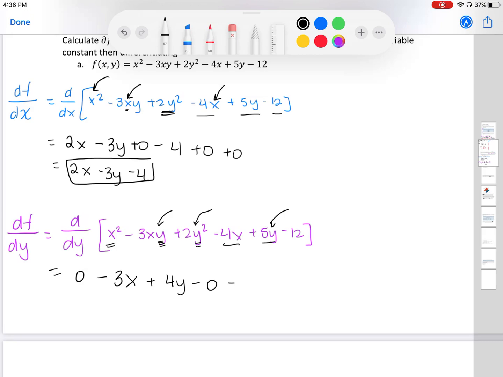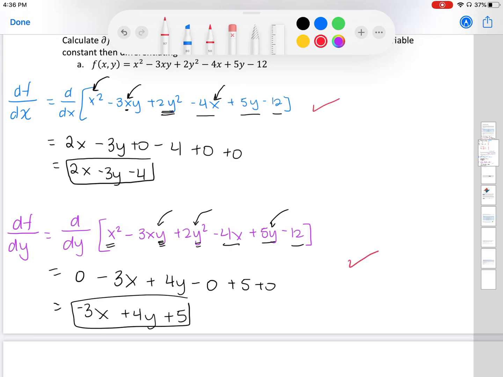The derivative of 5y is 5, and the derivative of 12 is 0. So we're left with negative 3x plus 4y plus 5. We have calculated the partial derivative of function f in terms of x and the partial derivative of function f in terms of y.